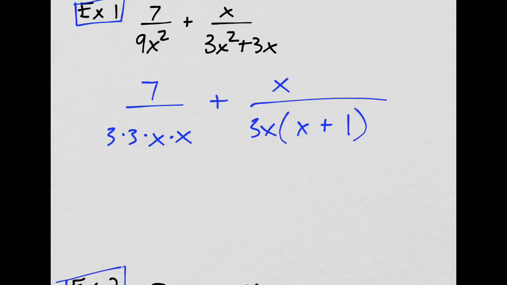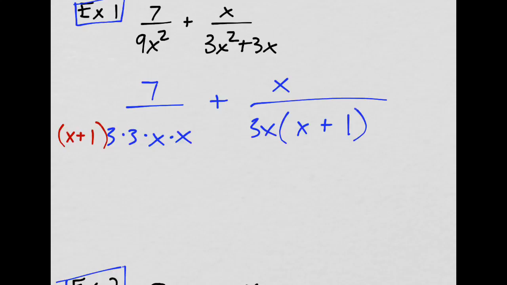What do I need on this side to be the same as this? What's missing is really what I'm saying. Eventually I want both denominators to be the same. What am I missing on this side? X plus 1, that's it.